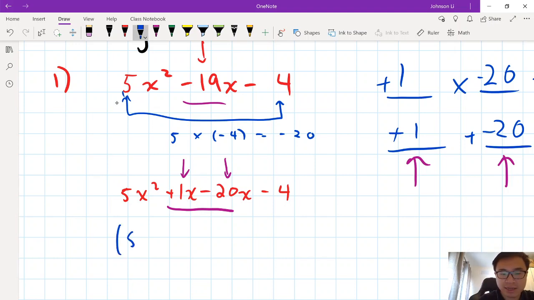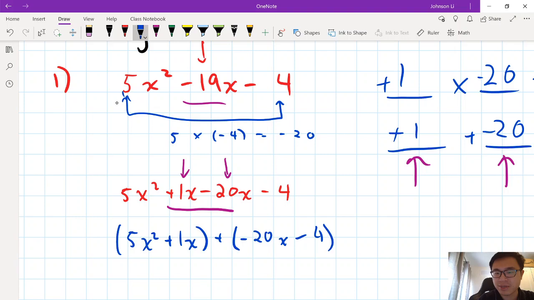So I'm going to add brackets: 5x squared plus 1x, and I'm going to put a second plus sign here. I'm going to split the first and second terms into one bracket, and the third and fourth terms into another bracket. So I've essentially cut the equation in half.